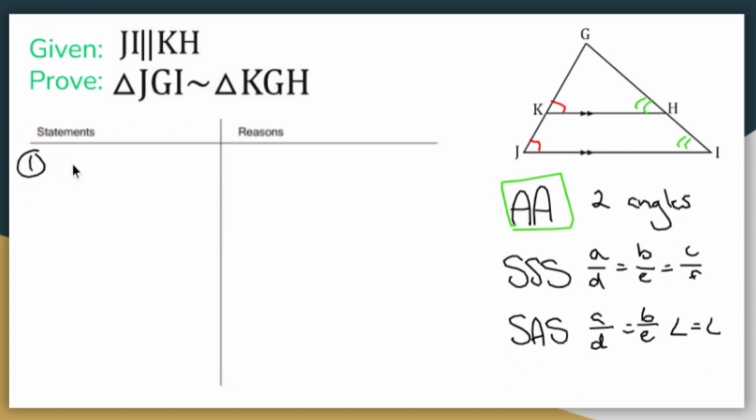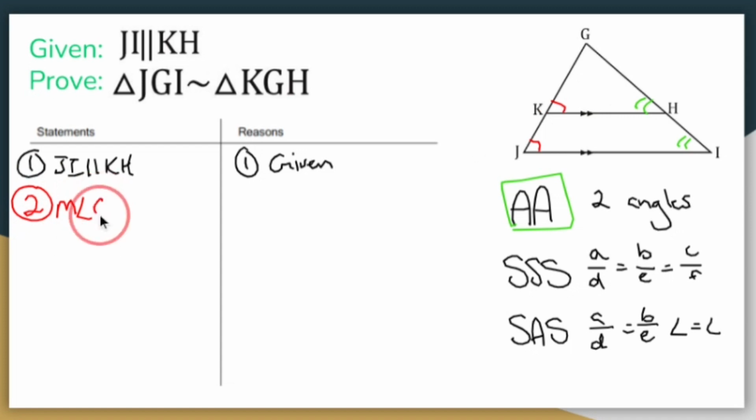So let's start out by saying my given is that JI is parallel to KH, and that's my given. That means that the measure of angle GKH is equal to the measure of angle GJI.